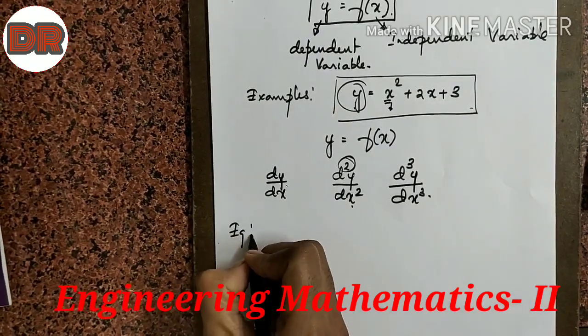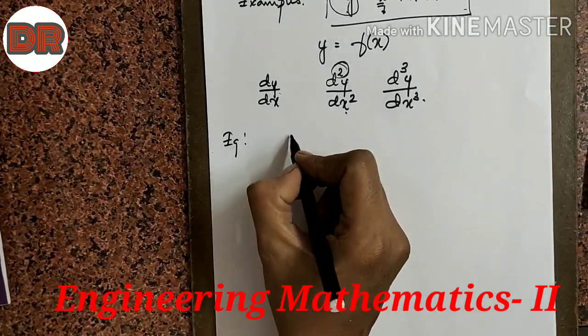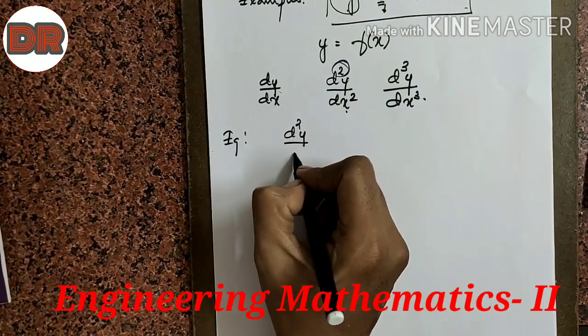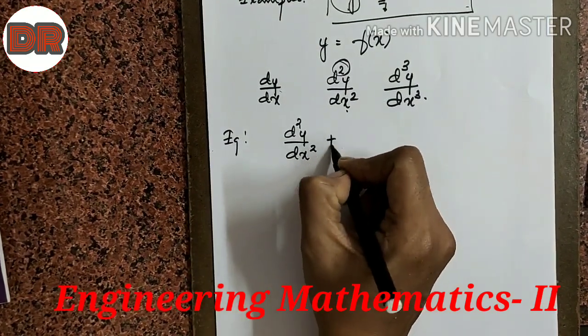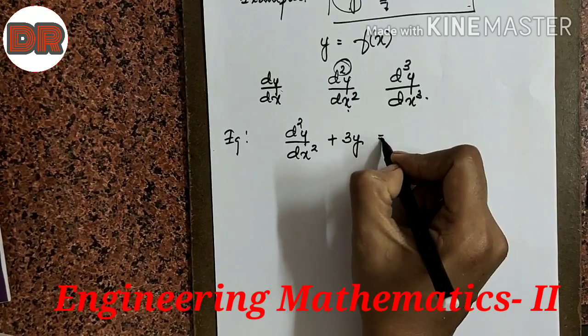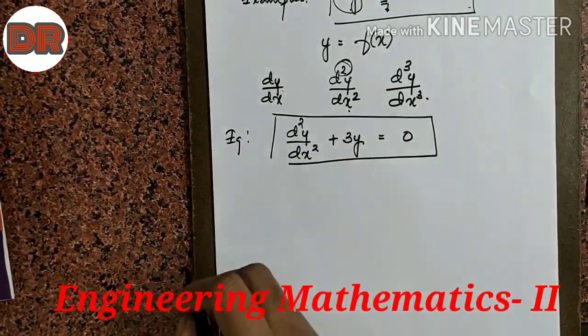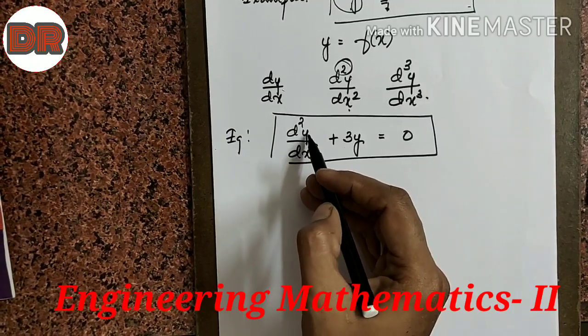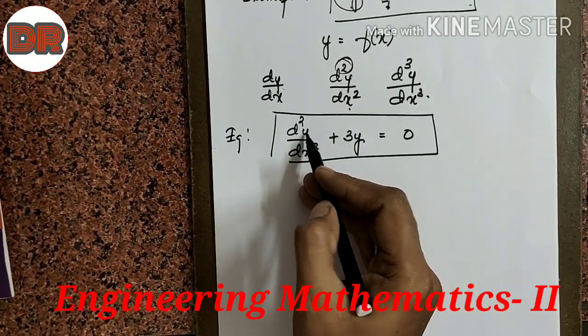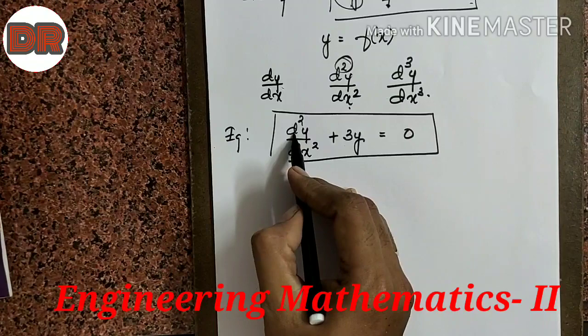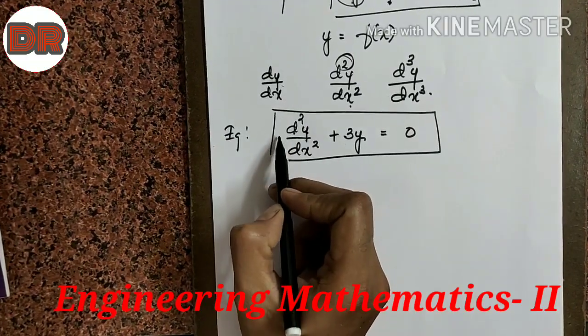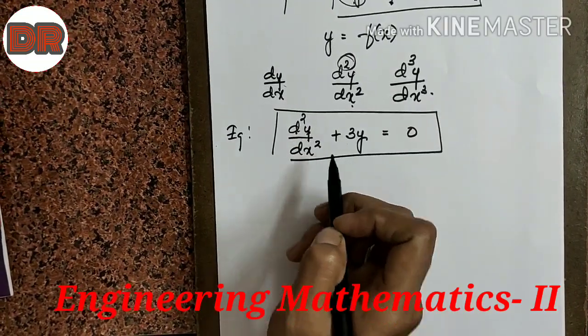Now let me give an example. If I write d square y by dx square plus 3y is equal to 0, this is a differential equation. Why? Because we have the dependent variable y in its differential format, that is, in its d square y by dx square format.